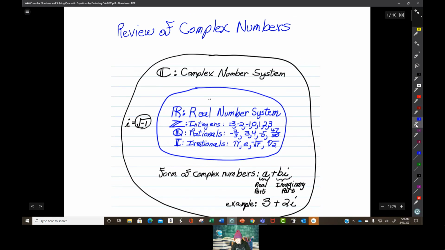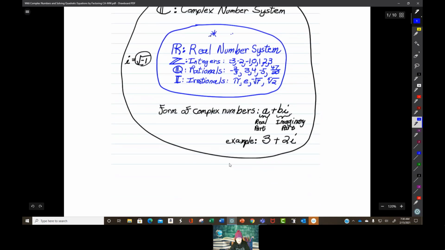I'm going to draw a little star here. More of an asterisk. This is where we live, right here. We live in the real number system. That's where all of the numbers that we are familiar with live. So for instance, the integers are just whole numbers, they can be positive or negative or zero, and right here, that is the symbol, a Z with 2 bars.